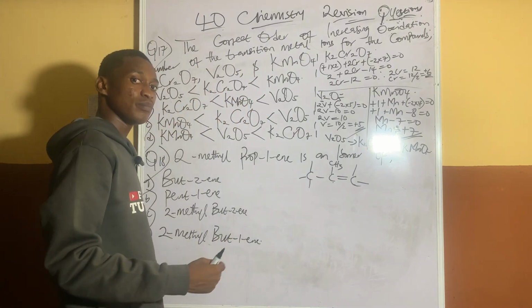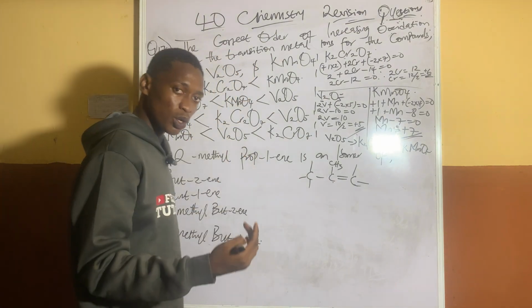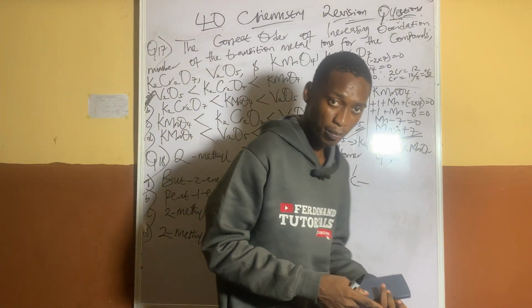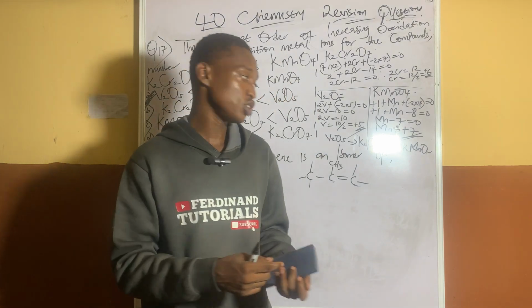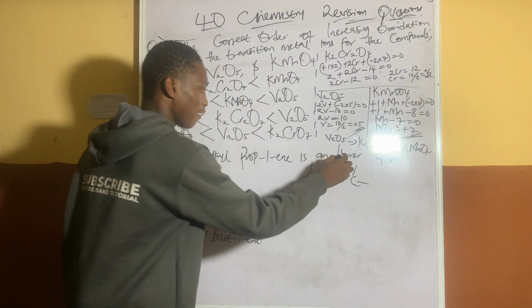To be an isomer, they must have the same molecular formula but different structural arrangement. So they will have the same number of carbon and the same number of hydrogen. Now let's look for compounds in this option that have 4 carbon atoms.